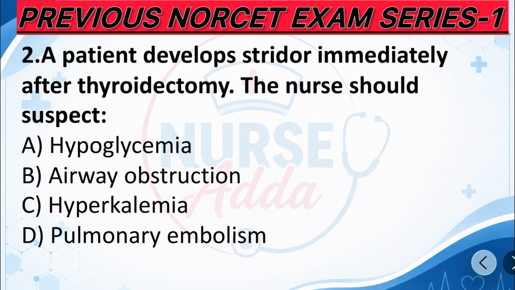A patient develops stridor immediately after thyroidectomy. The nurse should suspect hypoglycemia, airway obstruction, hyperkalemia, pulmonary embolism. The right answer is option B, airway obstruction.